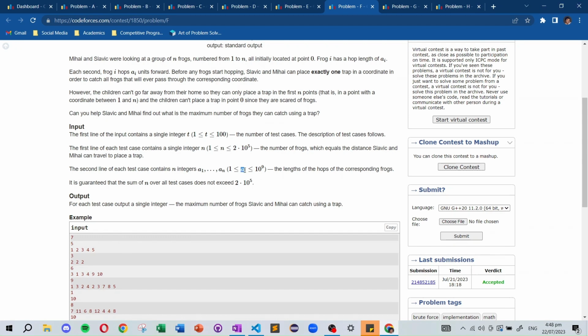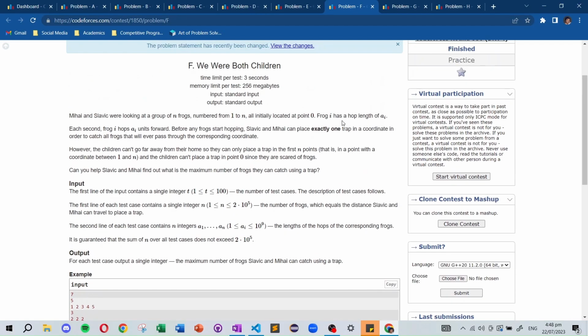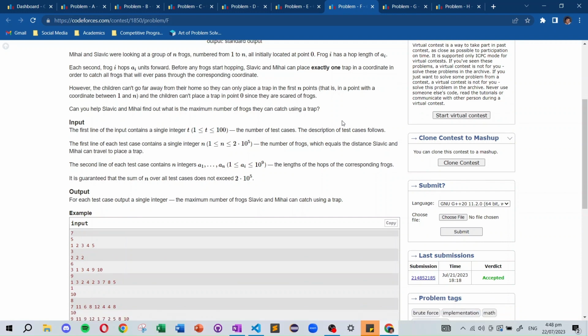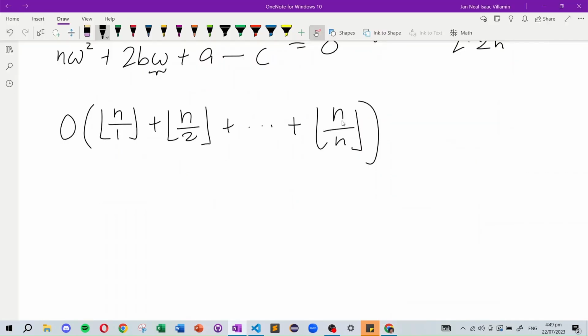Notice that if a_i exceeds n, then it obviously won't be caught, so you don't have to consider that value. The reason this is fast enough is that it is equal to n log n.